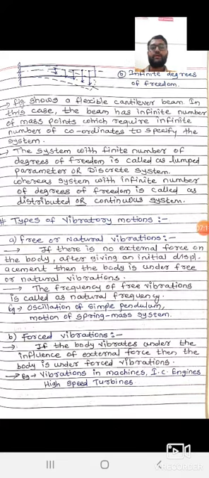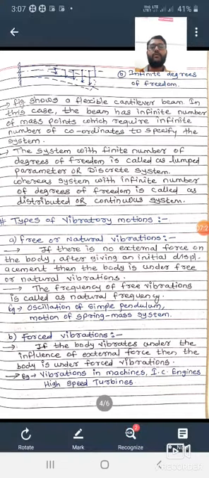So let us move towards the next point, types of vibratory motions. The first type is free or natural vibrations. What is meant by free or natural vibrations? If there is no external force on the body after giving an initial displacement, then the body is under free or natural vibration.